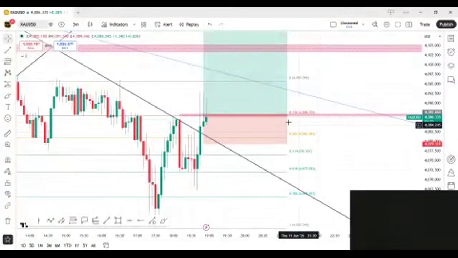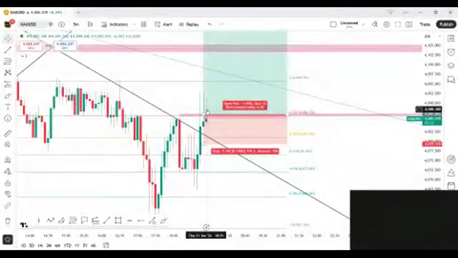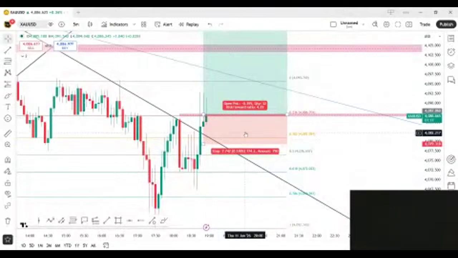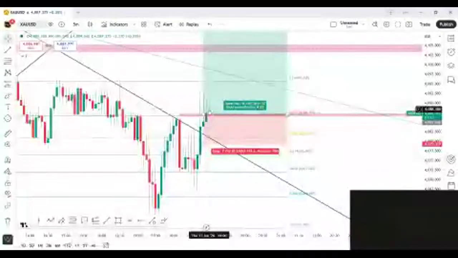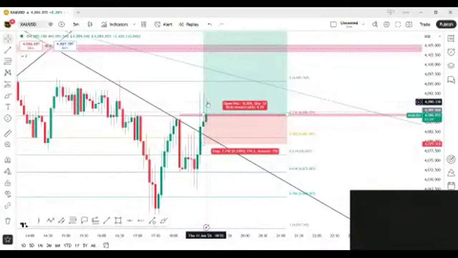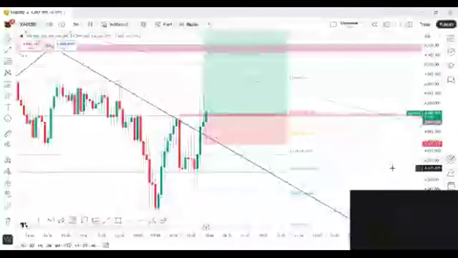If we get a push here at this zone, it will be a really nice push, because it's the third time. The third-time rule in trading technicals: if the market closes this candle above, we will have strong momentum towards the upside. So let's see.